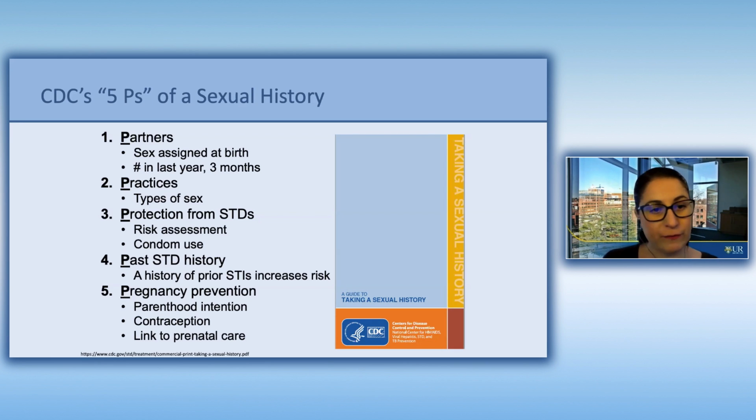And the last P I would phrase as parenthood intention, so kind of takes gender out of it. And so that's a nice opportunity to explore any contraceptive needs and link to prenatal care if applicable. Again, I will say the CDC booklet here is a bit outdated in terms of language and approach. And so I'll refer to a different source later in our talk.